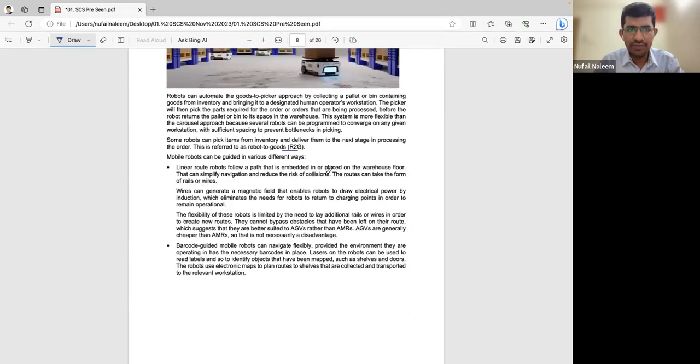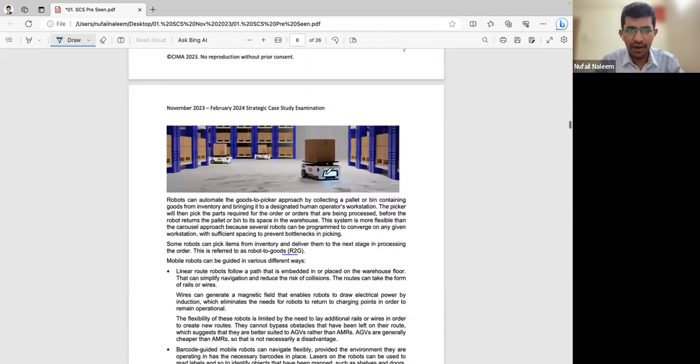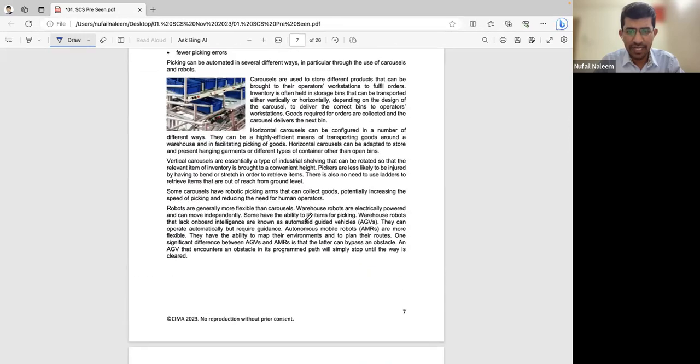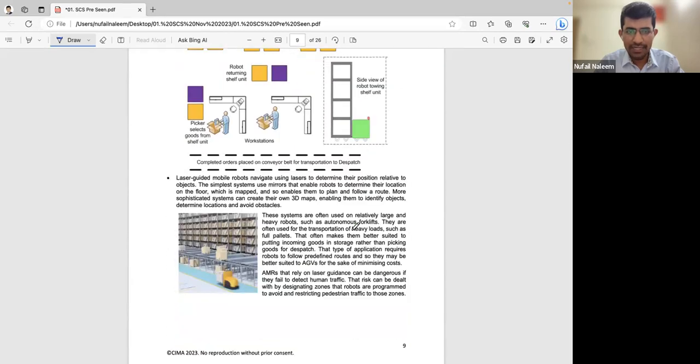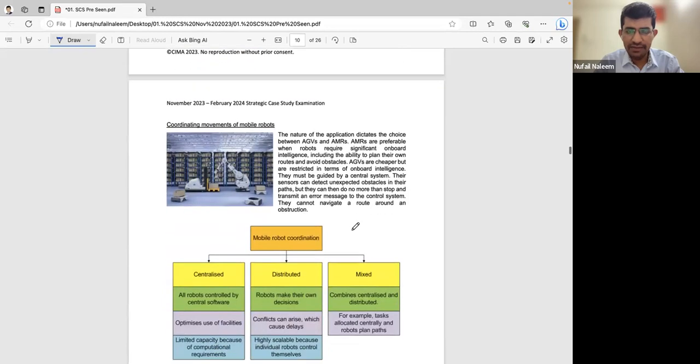So students, I believe you would have understood very clearly how this AGV, automated guided vehicles, will stop if there is any obstacle in the pathway. But autonomous mobile robots are effectively better. I can just mention that for your understanding because speed is very crucial within the warehouse if our items are doing well.